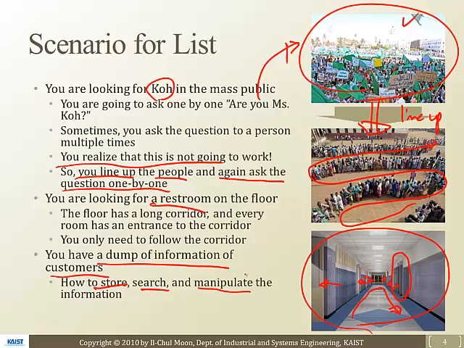Actually, you first need to store it, right? You have this big data set and it's not organized, it's not in order, and what you want is some order there. At that time you are going to line them up with a list, and that's what we are going to talk about today, okay?